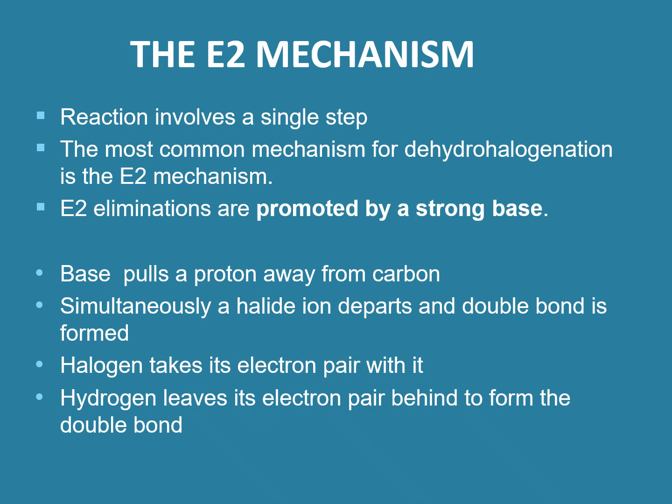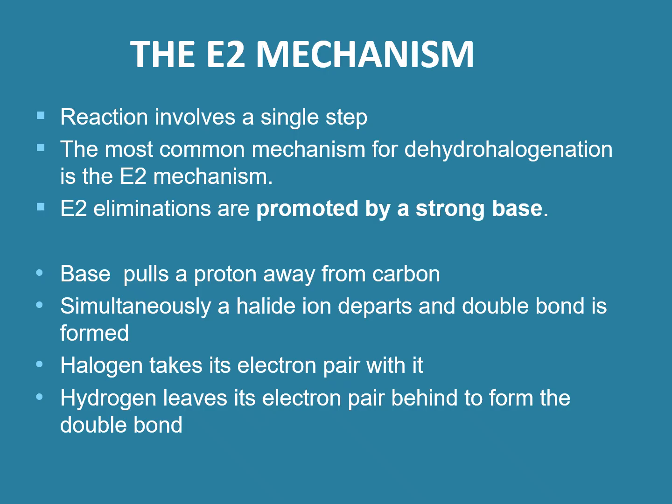The first step is the base, which is the reactant that will pull a proton from the beta carbon atom, and simultaneously a halide ion departs and a double bond is formed. And these are the electronic changes that will happen in dehydrohalogenation.